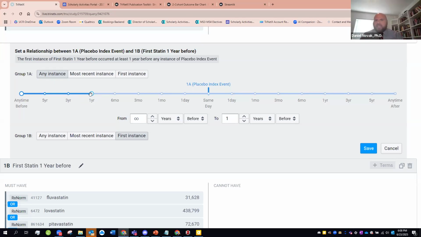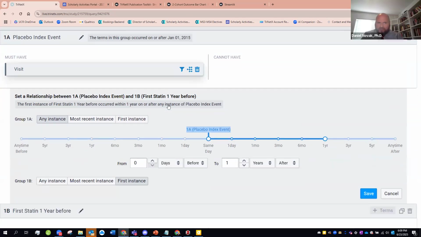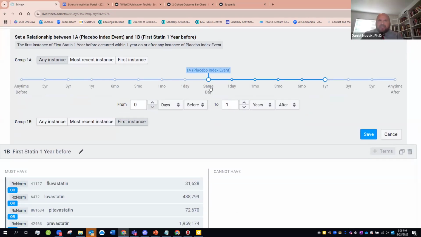And this allows you to really precisely set up those order effects in here. And just to show you, if you drag these little buttons like this, starting from the same day that your index event for group 1A starts, in this case my visit, we would be looking ahead 1 year into the future.